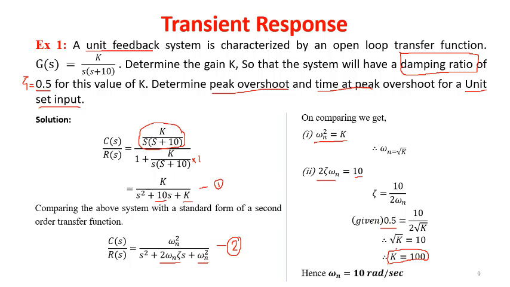Now with K equal to 100, omega n equal to root of K is equal to 10. Therefore omega n equals 10 radians per second. Now we need to find first the peak overshoot and the time at peak overshoot.